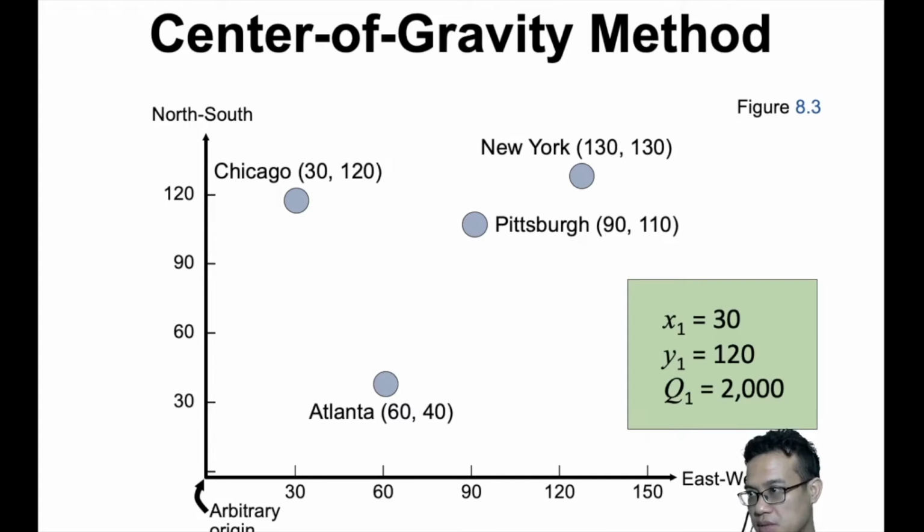For example, all of the places mentioned are plotted in this graph, Figure 8.3. Basically there are four locations and these are their plotted locations. This is the x coordinate and this is the y coordinate.